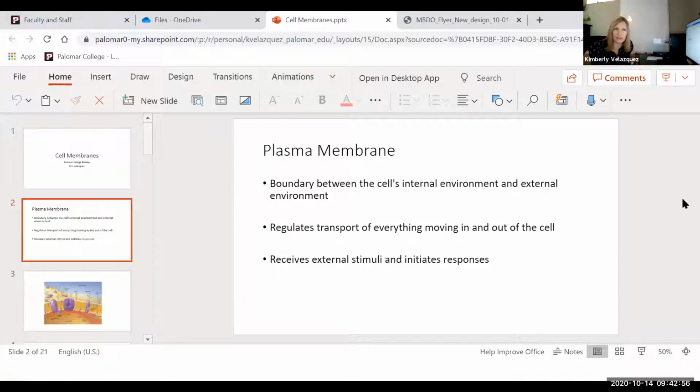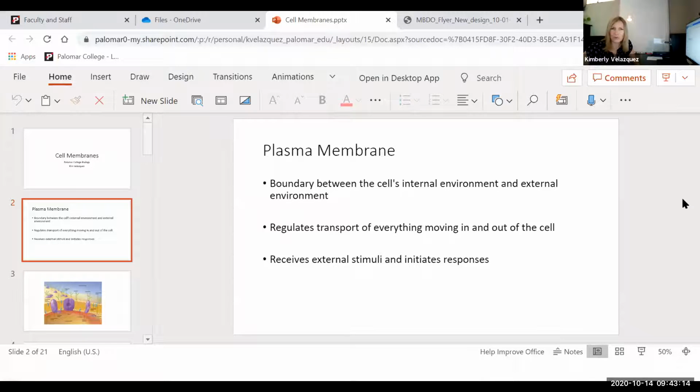For that cell to do its cell job, it needs to be able to communicate with other cells, and it needs to be able to receive stimuli, and it needs different molecules to move in and out. How those molecules move in and out depends on what kind of molecule we're talking about.